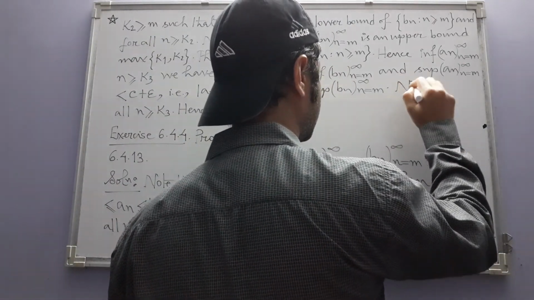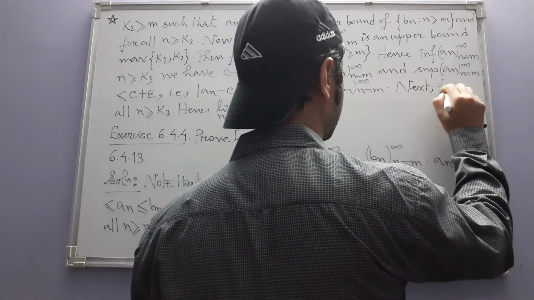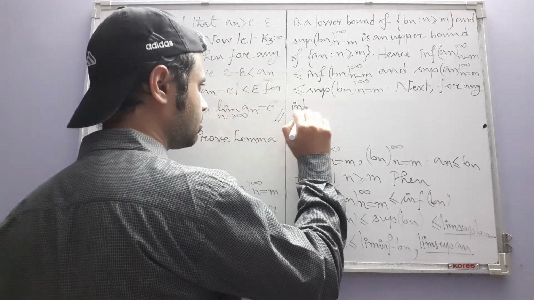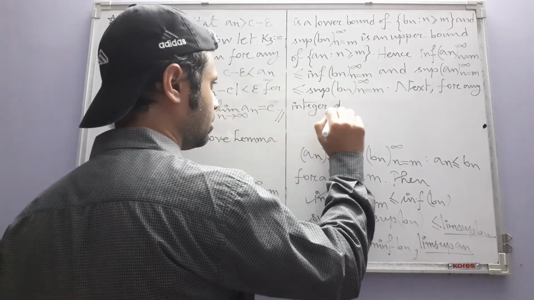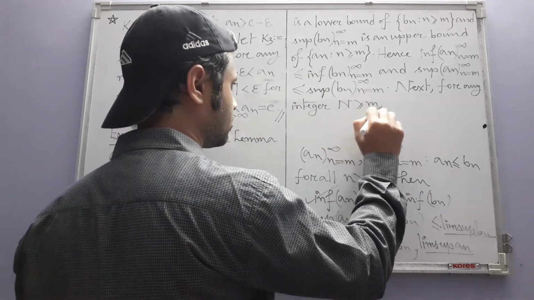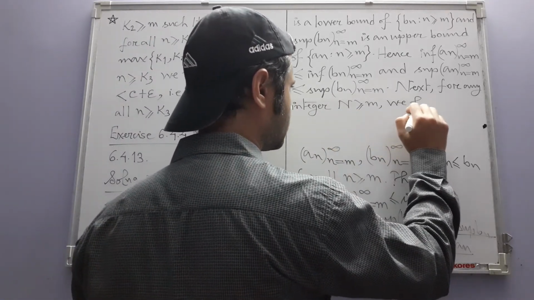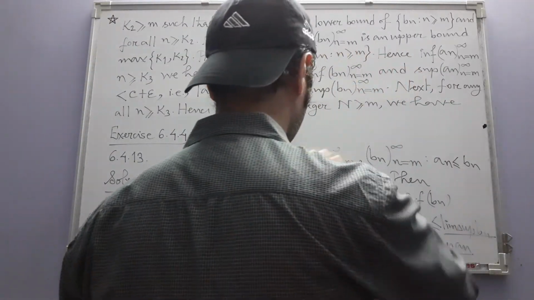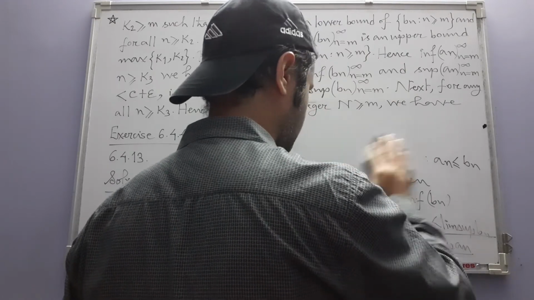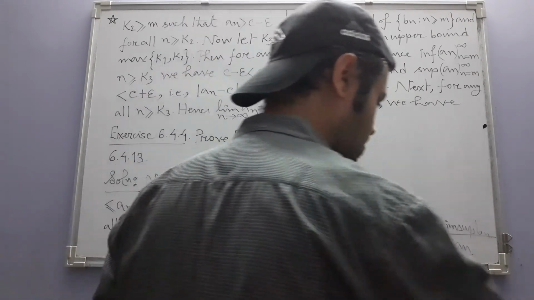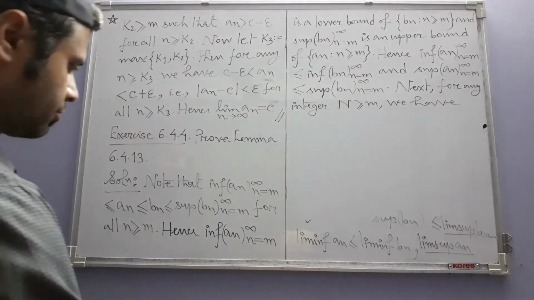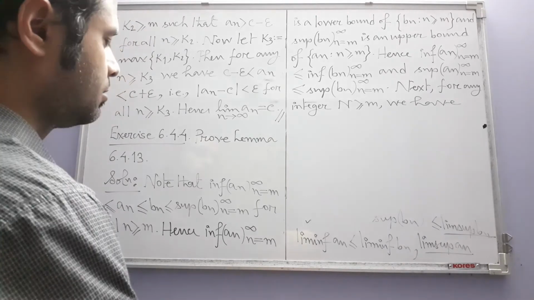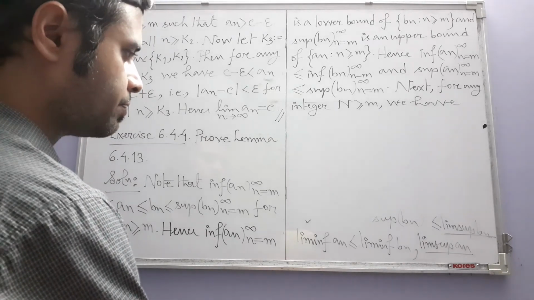Next, for any integer n greater than or equal to m, we have... okay, here for limit superior, what do we need to do?